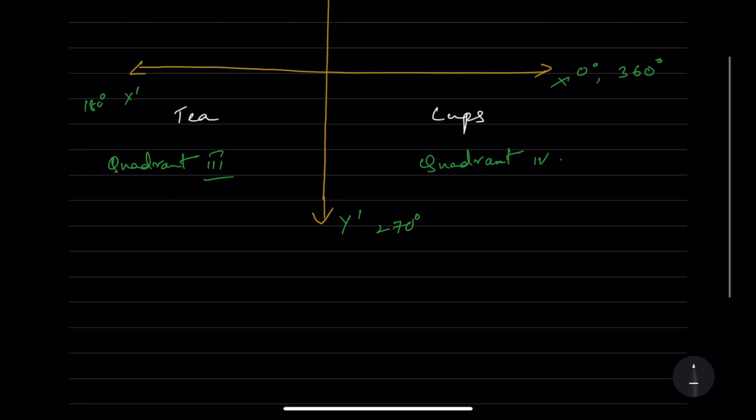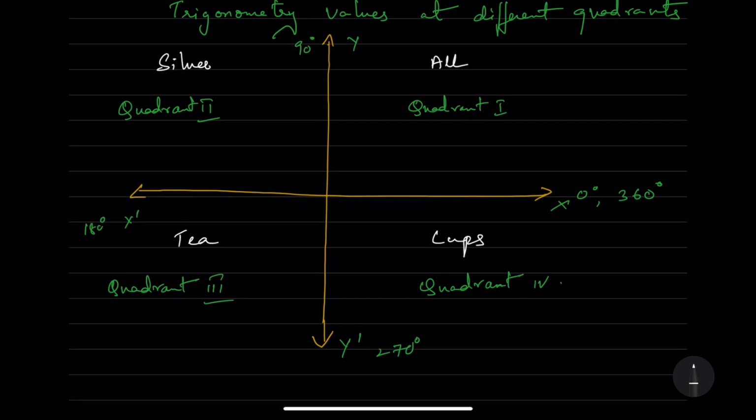So now you can see that in the first quadrant you have All, in the second quadrant we have Silver, in the third quadrant we have Tea, in the fourth quadrant we have Cups. So over here, All Silver Tea Cups, if you remember in this order, that is the anti-clockwise direction we are writing this. So when it is All, what happens to all the trigonometric functions, we'll see.